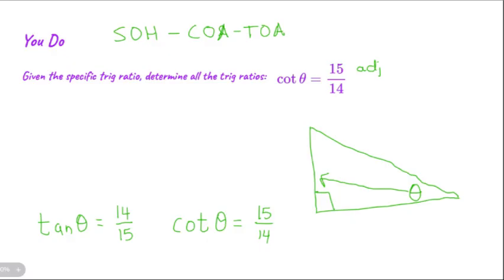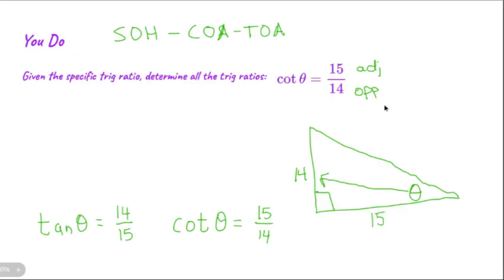Adjacent, and, oh boy, pen doesn't want to cooperate. I apologize. While we figure out these technical difficulties. There we go. Opposite would be 14 and adjacent would be 15.